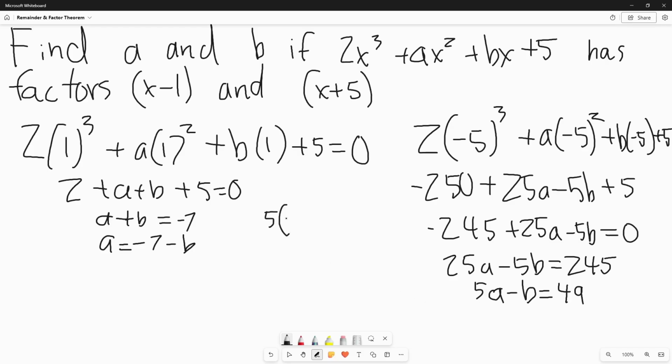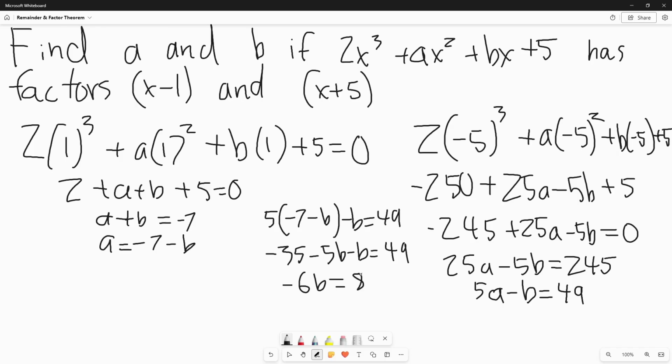So 5 times -7 minus b equals 49, and we get -35 minus 5b minus b equals 49, and 49 plus 35 is equal to 84. So -6b equals 84, and we get b equals -14.